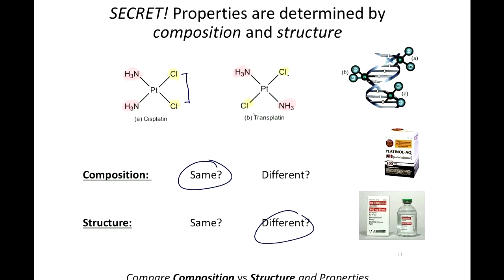What does a fast replicating cell sound like? Cancer, a tumor, all right? So cisplatin is the #1 drug to do that. Transplatin does nothing. So here's an example where one of the compounds with this composition kills cancer and the other one does nothing, right? And so I think that's a better example of composition and structure, all right?